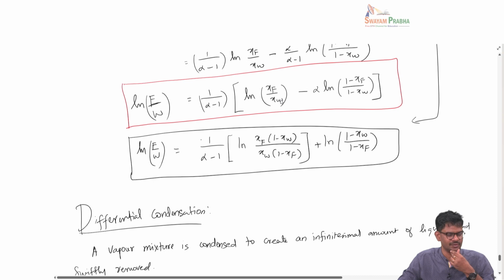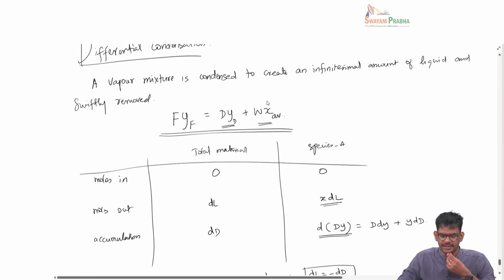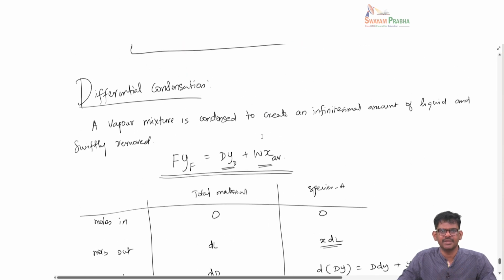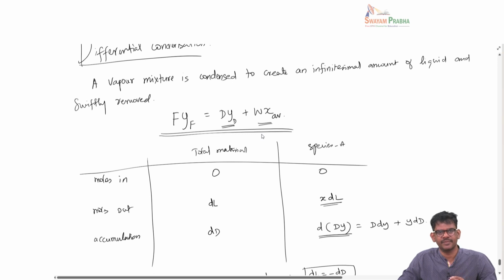And the opposite operation, differential condensation, means that you start with the vapor and cool it to the dew point, create the first liquid droplet and separate it out. Cool further, another new droplet of liquid will form, separate it, and keep doing this over and over.